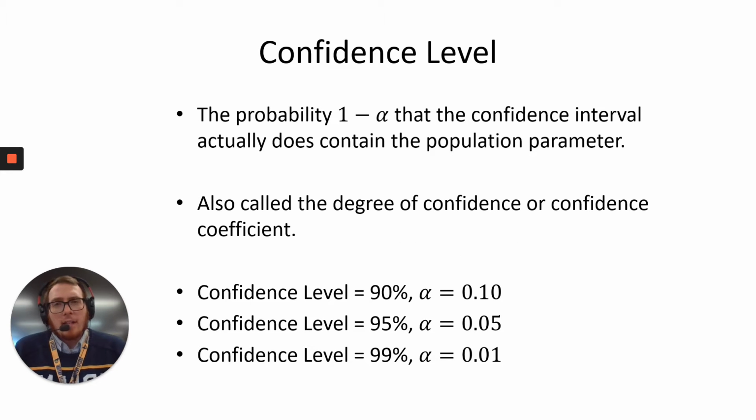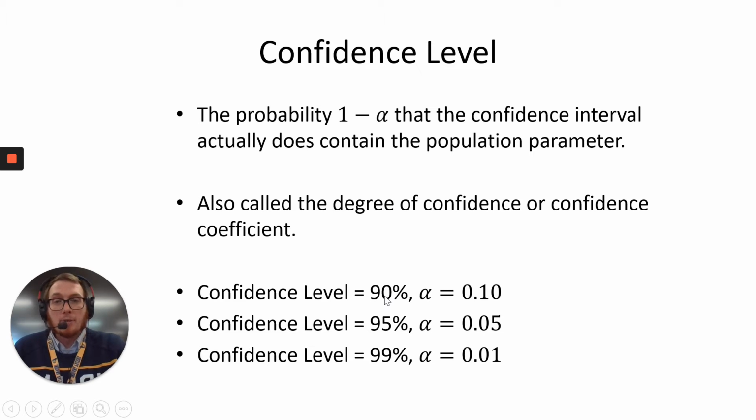Along with that, we have to have a level of how confident we want to be. And so there's 3 confidence levels that we are typically going to use. They're 90%, 95%, and 99% confidence. What this means then is 1 minus the alpha level. So 1 minus the alpha level is the confidence level.